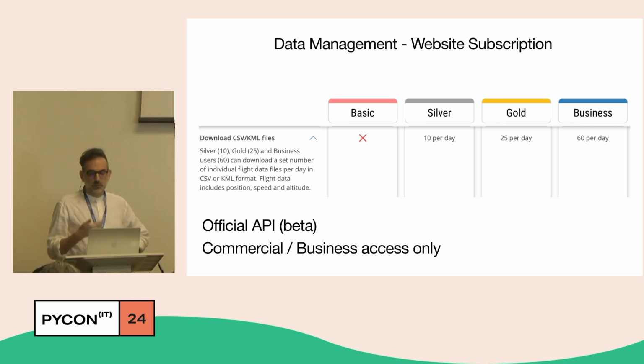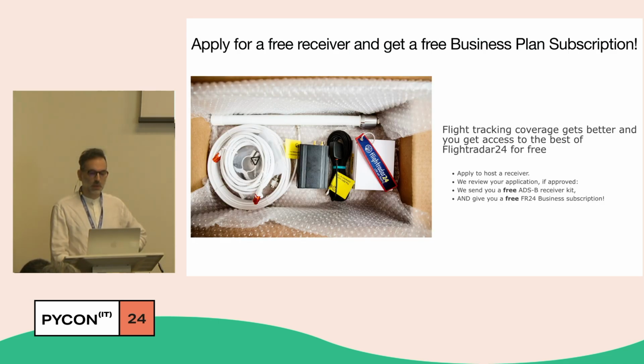So I have, just for fun, for myself, a silver account. So the benefit is that I can download maximum of 10 CSV files of single flight data per day.